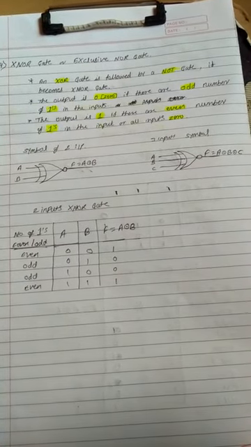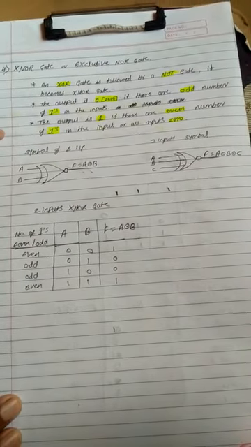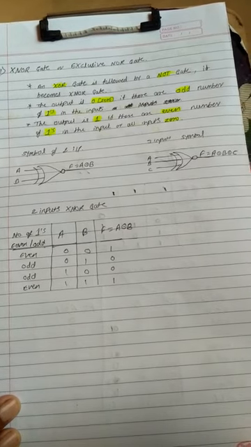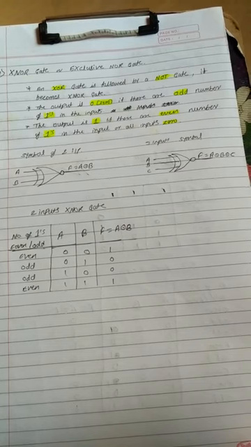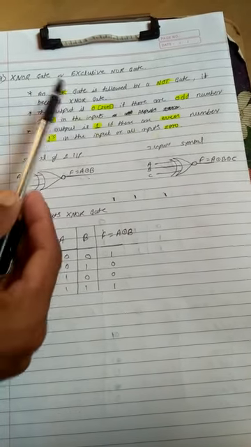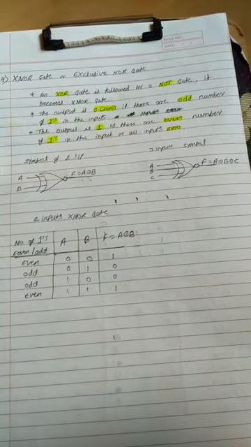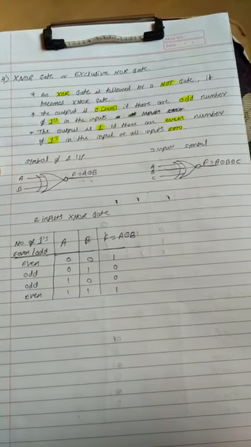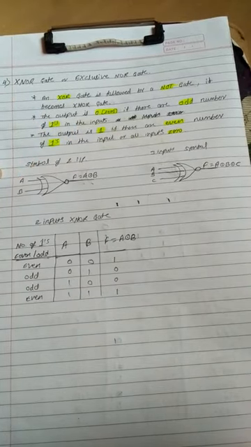See, what is a NOR gate? A NOR gate is a combination of an OR gate and a NOT gate. Similarly, XNOR is a combination of an XOR gate and a NOT gate. So an XOR gate followed by the NOT gate becomes an XNOR gate.